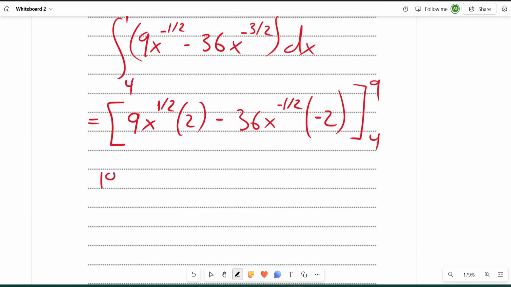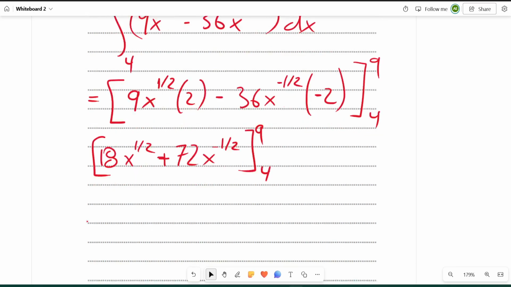So this is going to be 18x power half minus 36 times negative 2 is going to basically be plus 36 times 2 is 72 x power negative half, and I'm evaluating from 4 to 9.